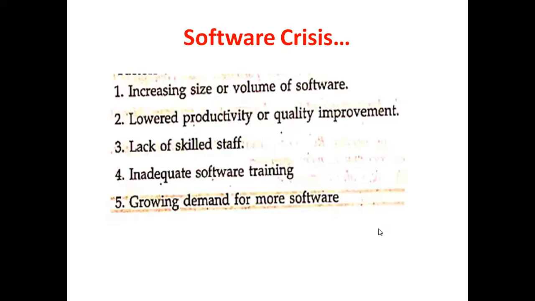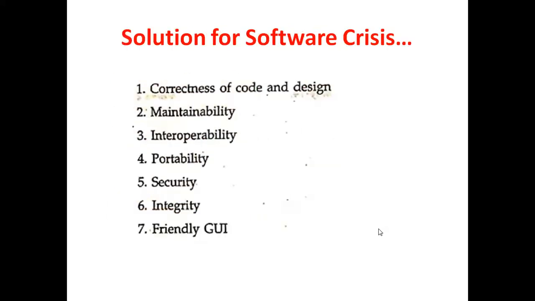Because of all these points, and a number of other points also, the software crisis has occurred. To overcome the software crisis, the solution was correctness of code and design, maintainability, interoperability, portability, security, integrity, and friendly GUI.